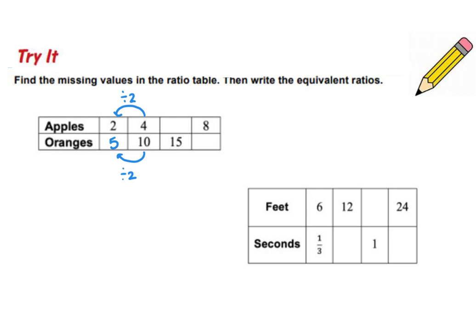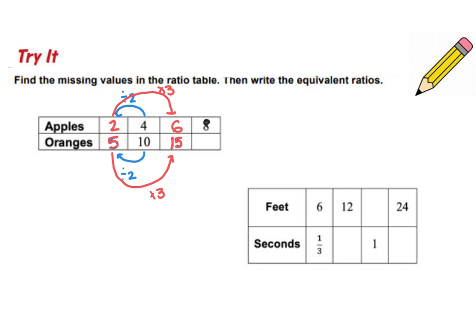Now for me, that was a really important first step, because now I have 5 and 15, and those numbers are compatible. 5 times 3 is 15, so 2 times 3 gives me 6.